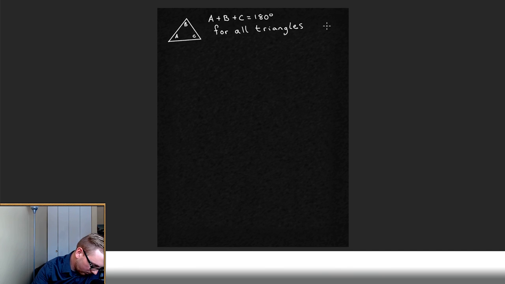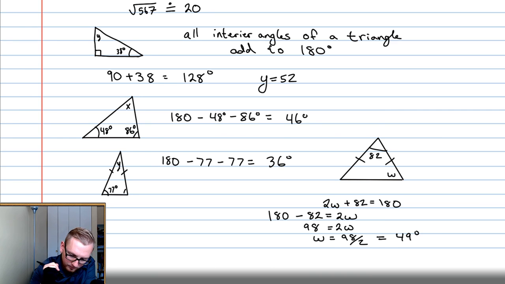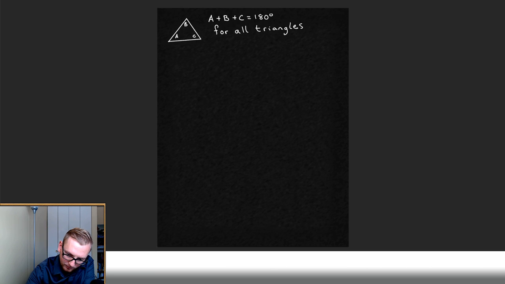Let's see. That means we'll go with these 4 examples and we will just do them. Good. This is 38 degrees. This is a right triangle.